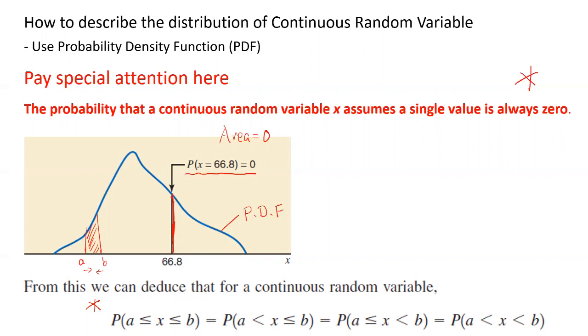The four statements here are all equal, no matter whether we put an equality sign here or not. Understand? Because the probability of a continuous random variable being at a single point is always zero. Okay, this is very important. All right, any questions?